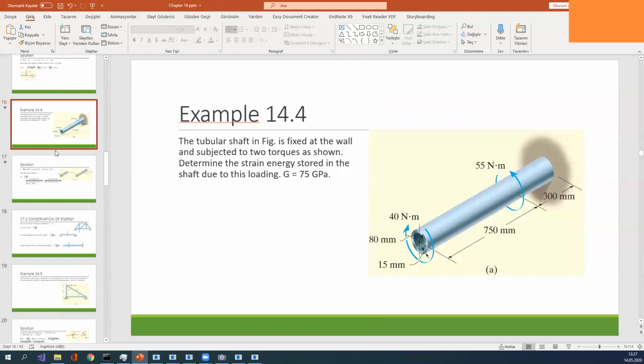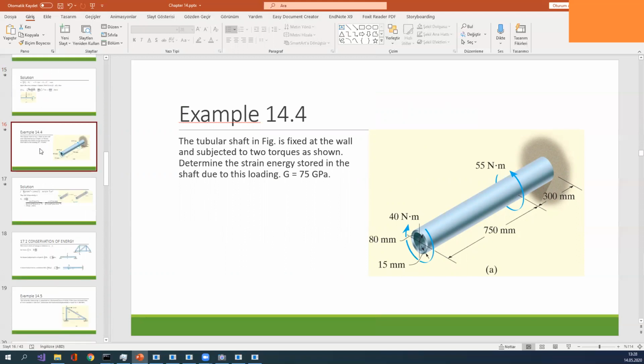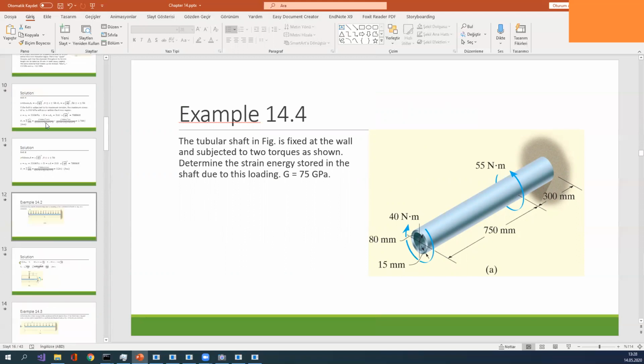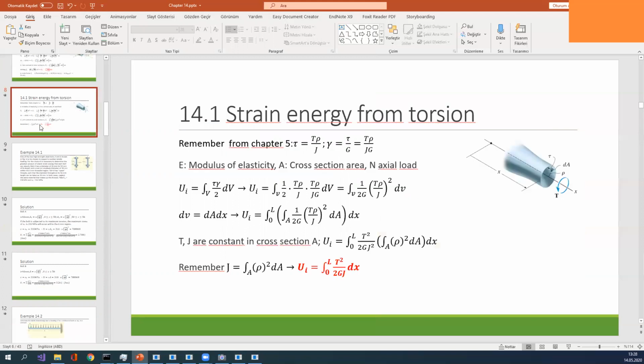G is 7.5 gigapascal. I need to convert to megapascal, 7,000 times, what is the value of J? Sorry, this is not G, this should be J in here. Sorry.